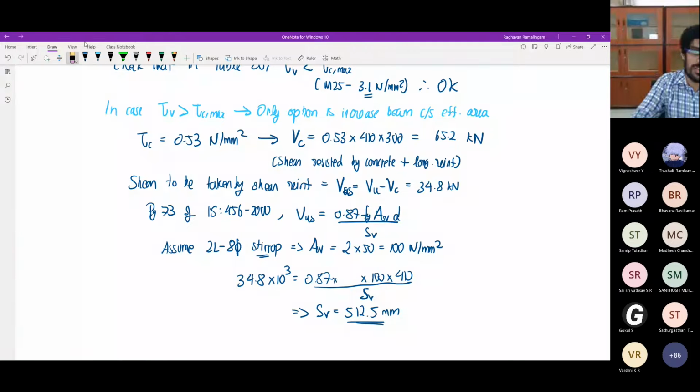And the spacing restrictions, where is the spacing restrictions? Spacing of reinforcement.